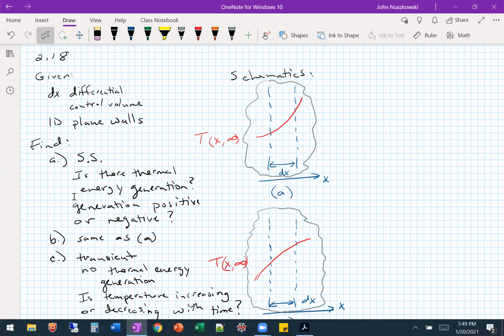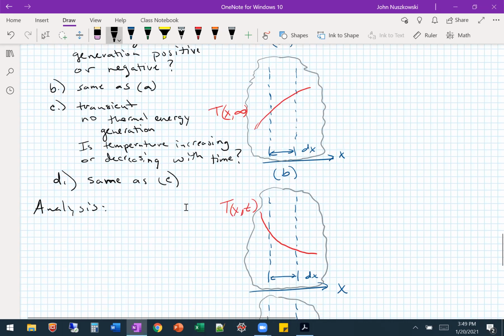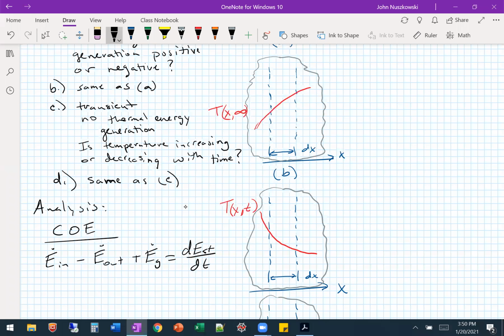Already got the energy equation or conservation of energy. Conservation of energy, okay. All right, and then for part A, it says it's steady state, right?